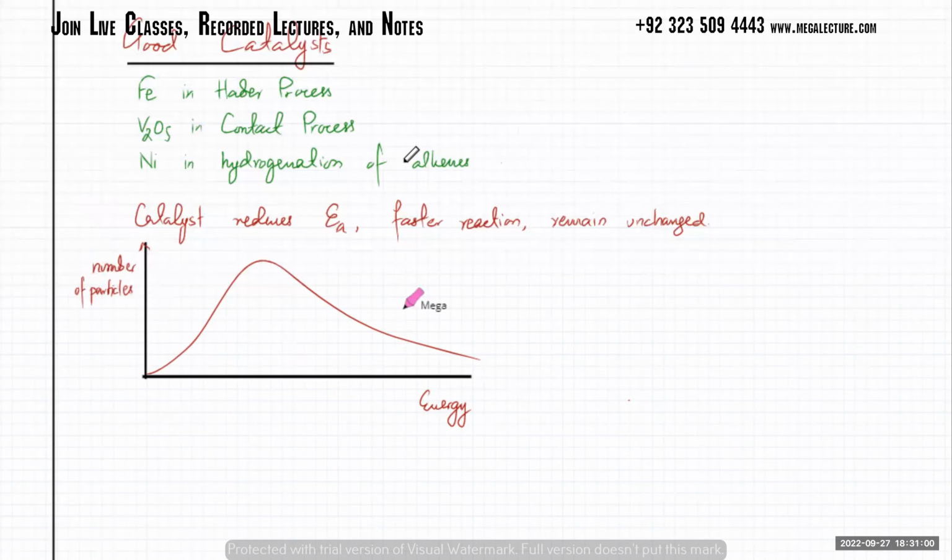The height represents the number of particles at a specific energy. Most of the particles will have energy around the average energy. That's the middle part, and that's your average energy.